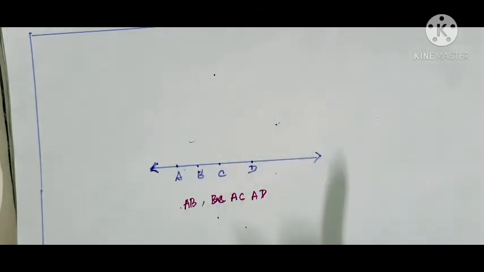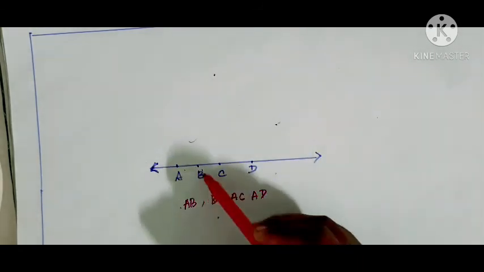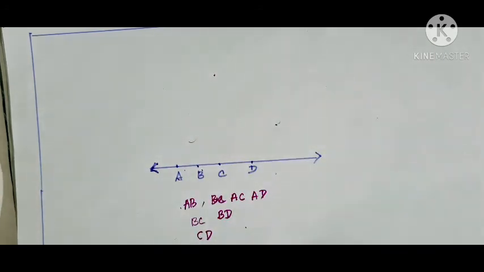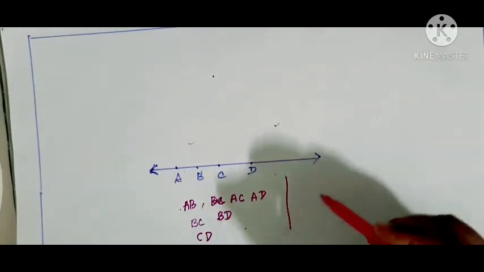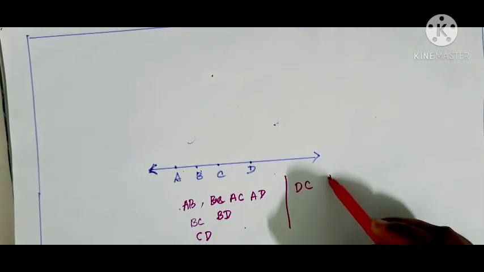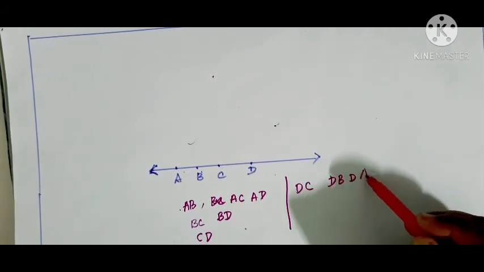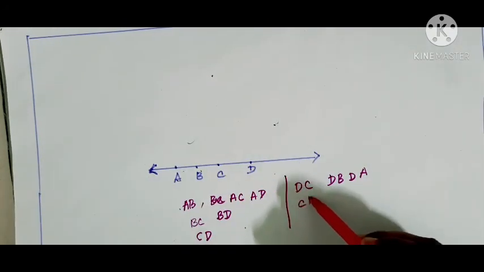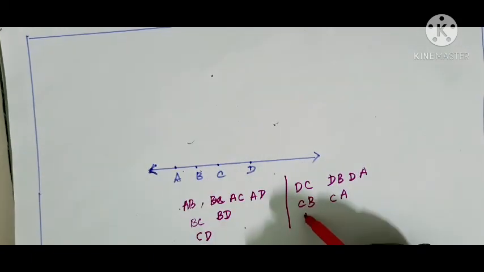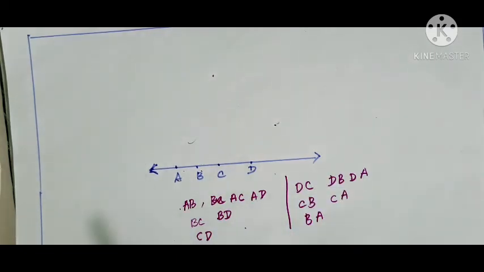First step finished. Next with B: BC, BD. Next, C: CD. Next, the reverse: DC, DB, DA. Next, CB and CA. Next, BA. Like that you can write the 12 ways.